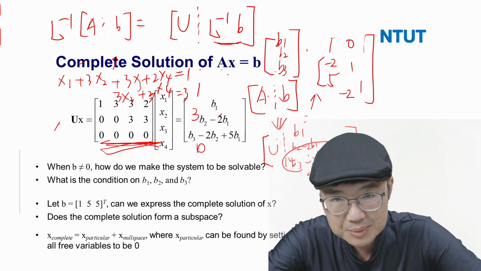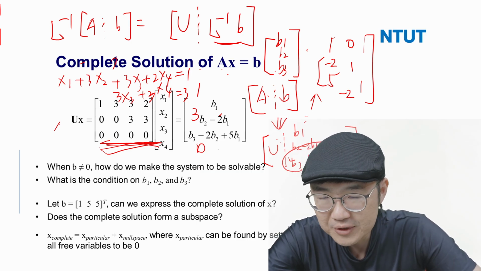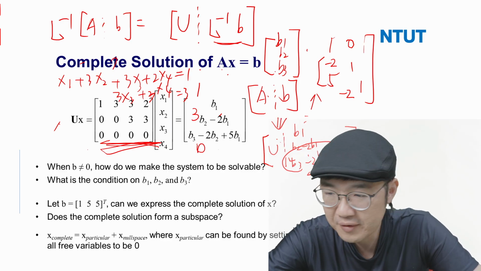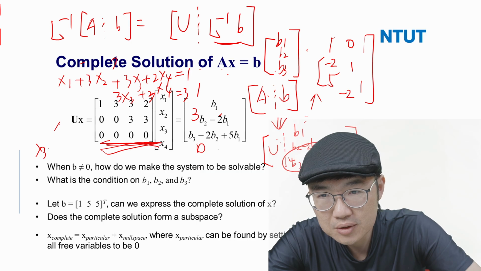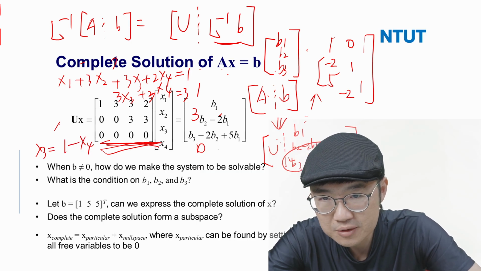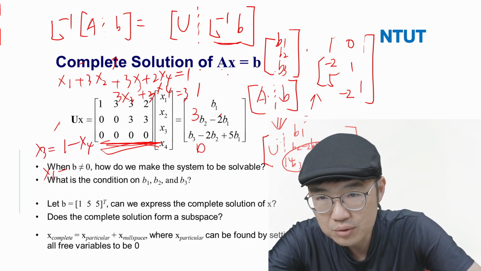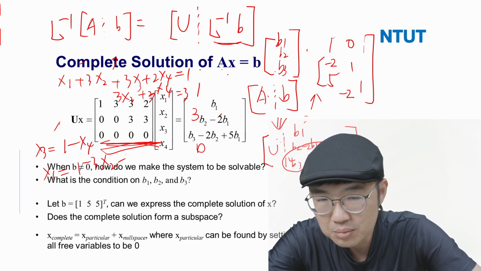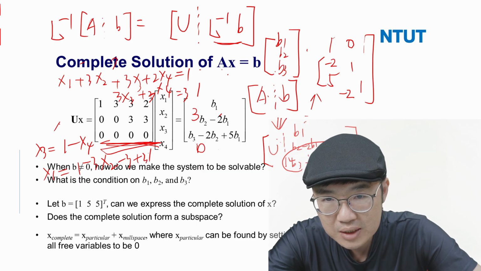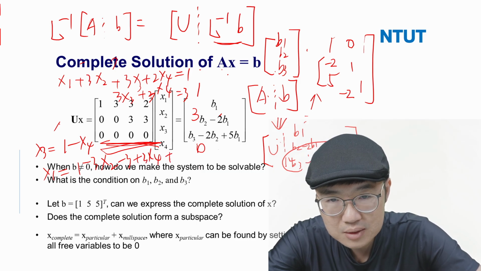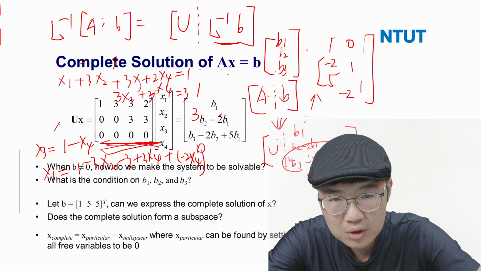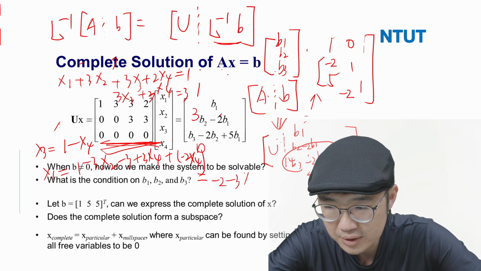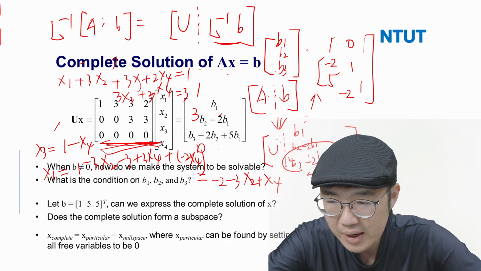So similarly, let's make everything be expressed as the function of only free variables. So x3 will be 1 minus x4, and x1 will be 1 minus 3x2 minus 3 plus 3x4 plus minus 2x4, which is minus 2 minus 3x2 plus x4.